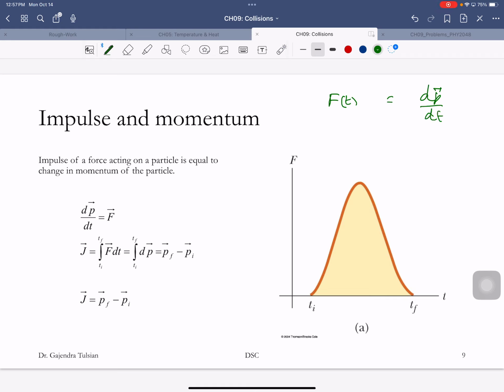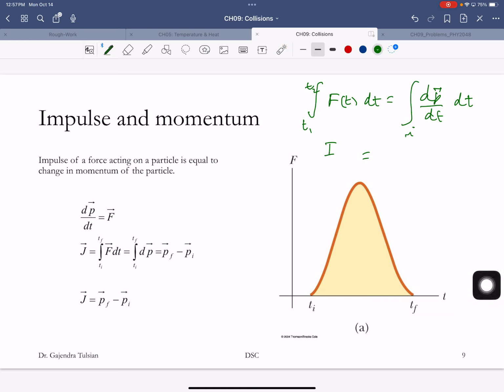What we're going to do is integrate this with respect to time, from T1 to T2, T initial to T final. That's this area, and we'll give that area a symbol. We'll call it impulse I. And this is taking the antiderivative of a derivative.